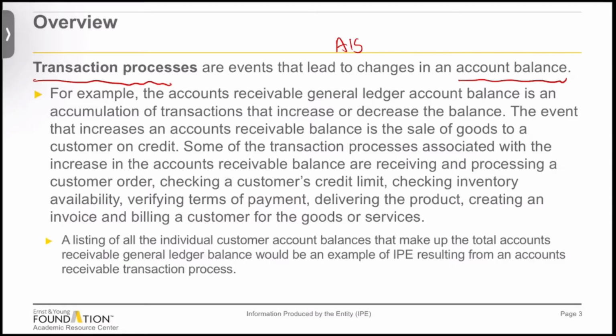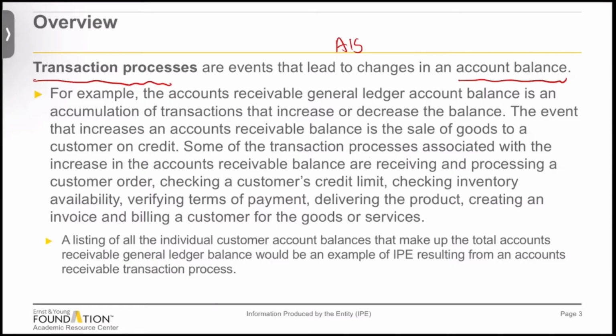Further, to give you an example, the accounts receivable general ledger account balance is an accumulation of transactions that increase or decrease the balance. The event that increases an accounts receivable balance is the sale of goods to a customer on credit.